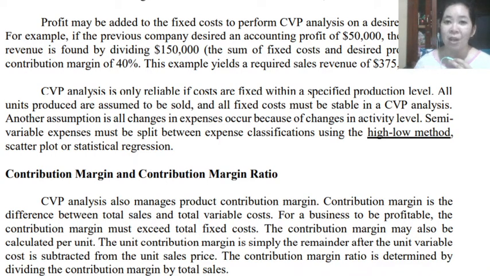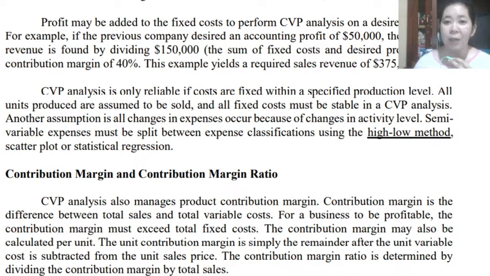So CVP analysis is only reliable if our costs are fixed within a specified production level, the relevant range. All units produced are assumed to be sold, and all fixed costs must be stable in a CVP analysis. Another assumption is that all changes in expenses occur because of the change in the activity level. So your semi-variable expenses should be divided between fixed and variable.